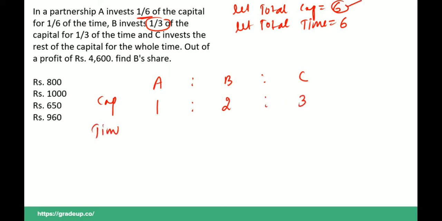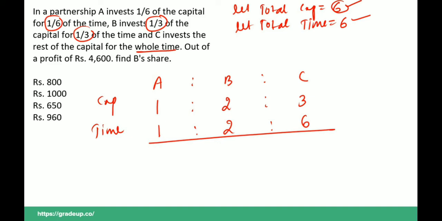Now time. In case of time, A invests his capital for 1/6 of the time. Since time is 6, so 1. B invests for 1/3 of the time, that is 2, and C invests for the whole time, that is 6. All right. Now, if capital is multiplied with time, then the profit ratio becomes 1:4:18.